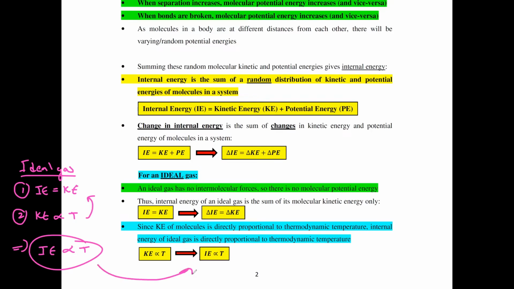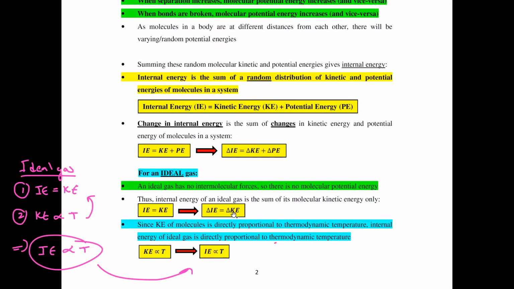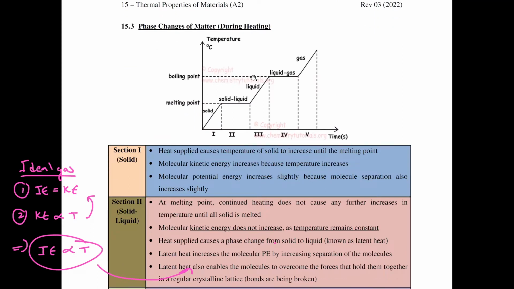Okay, internal energy of an ideal gas is directly proportional to its temperature. You will see this kind of relations a lot later on in your past year. So just know what the equations mean and how they relate to each other for now. Okay, now let's go to the next page.